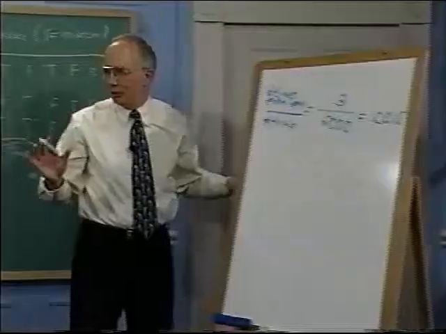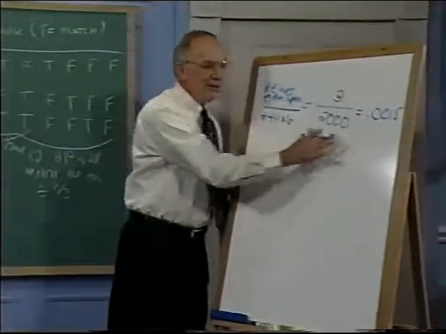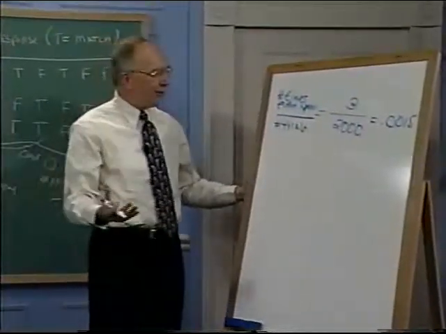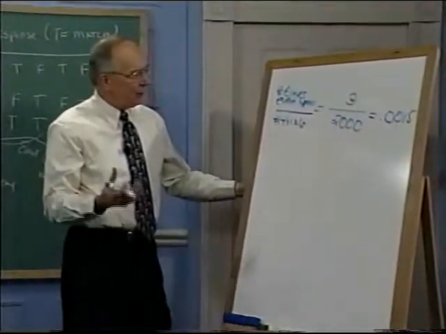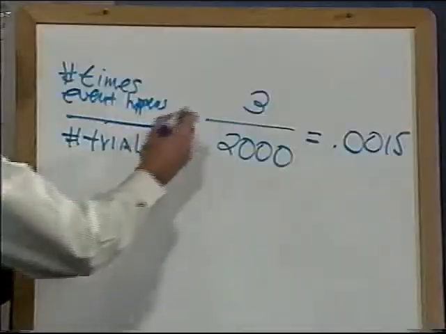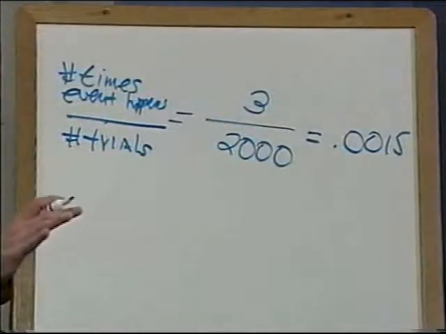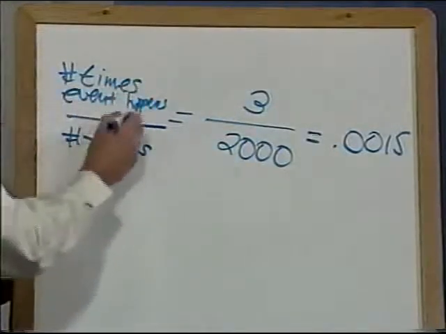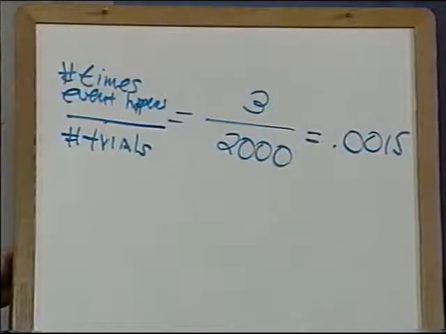So here's a production control issue. I run the experiment 2,000 times. I put 2,000 golf clubs through the production process. I get 3 defects. I talk in terms of the number of times the event happens. In this case, an event is a failure, a product defect.